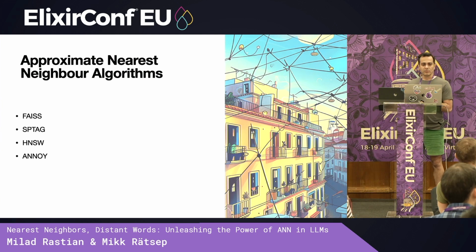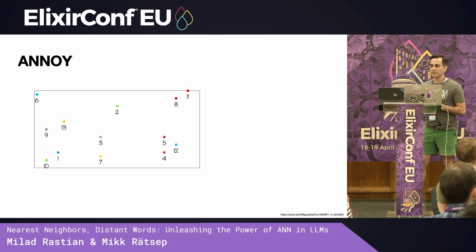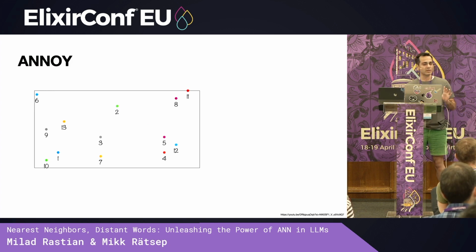There is FAISS by Facebook, HNSW, which has an Elixir library, and also Annoy by Spotify. I'm going to tell you how Annoy works. It's quite interesting if you don't know about it. So imagine that we spread our data points in a 2D space like this. Before doing any search or lookup, we try to divide the area of our data set.